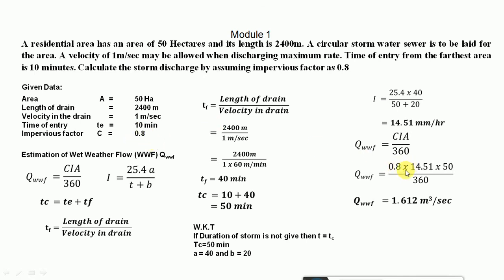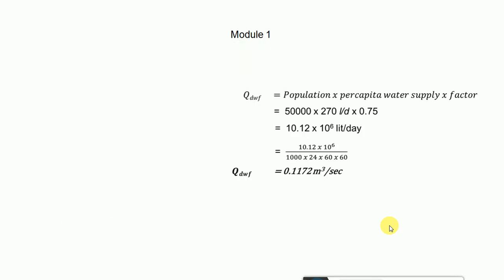Intensity of the rainfall which we have obtained here, it is 14.51, into A, the total area of the drainage in hectares. It is given as 50 hectares. So divided by 360. The quantity of wet weather flow is equal to 1.612 meter cube per second. Okay, so this is what they are asking, that is, calculate the storm water discharge, or nothing but the wet weather flow.